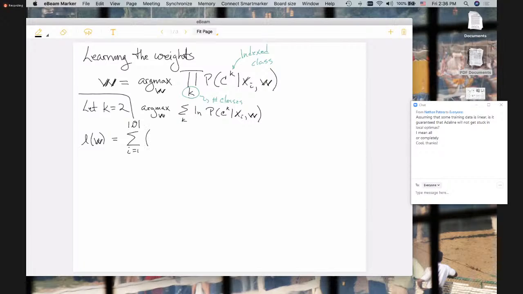And because we're only dealing with two classes, let's assume that our class comes from either 0 or 1, where 1 is the positive class, 0 is the negative class. And that way I don't need to fool with the superscript.